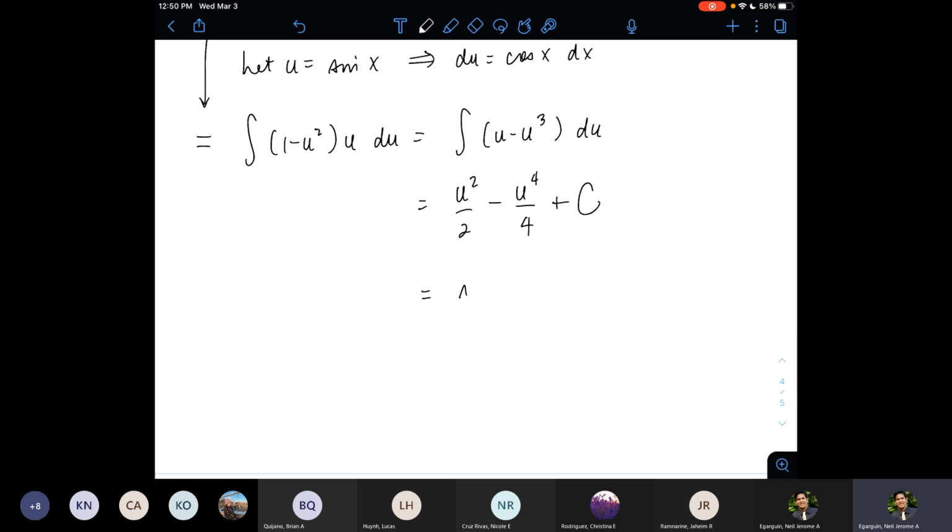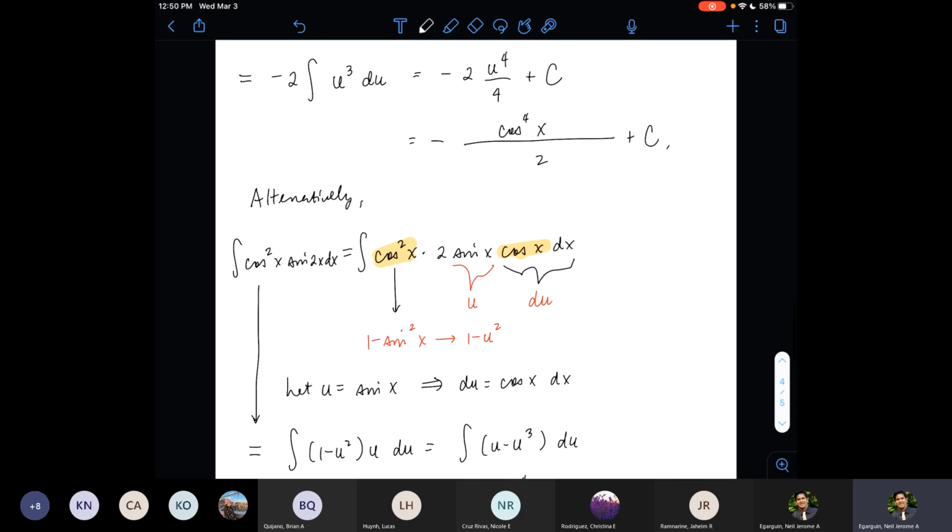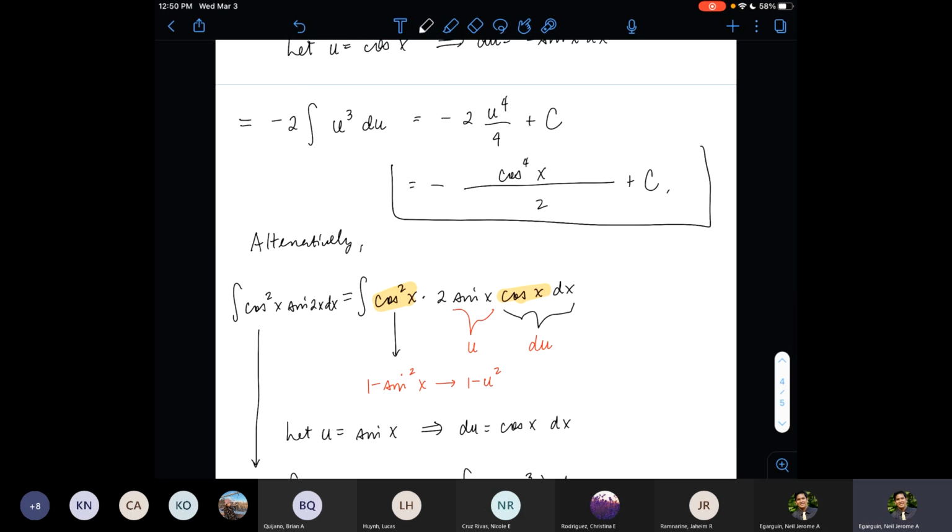Then we revert to the original variables. So this is sine squared x over 2 minus sine to the fourth x over 4 plus the arbitrary constant c, which is also a correct answer. So you can have your answer like this, or you can have this.